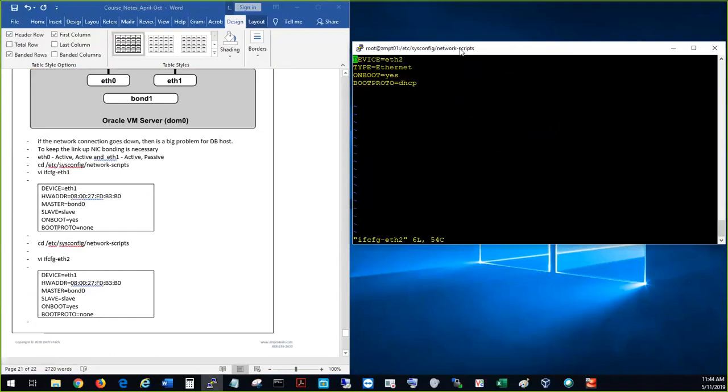Okay, so I have ETH2 here, device equals ETH2, and I don't need this here. Let me just copy this here.